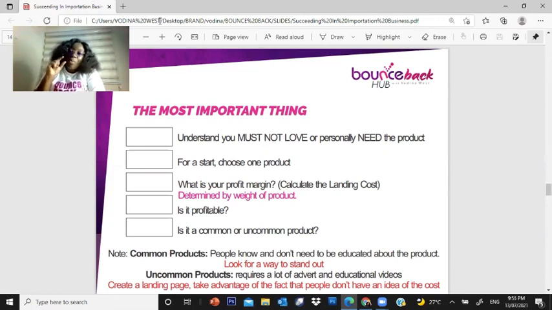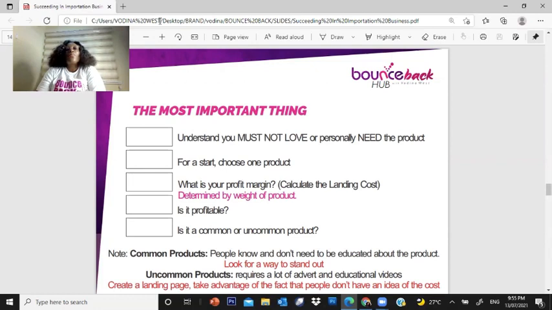To me, that one is even more important, because if you buy a product that you need or really love, like you're a hair freak, for example, and you want to start selling hair because of that, one day you want to go to a party, you're going to pick one of those hairs and put it on because you want to use your passion as your business. So be careful. I mean, there are exceptions to this. There are people that can discipline themselves and not do that, but all the same, you must not be fully in love with what you want to buy.